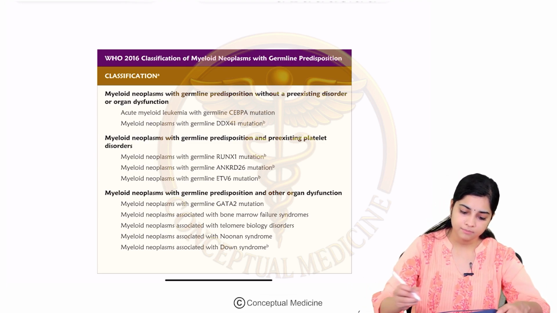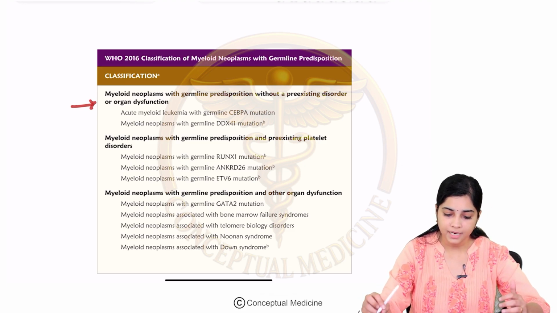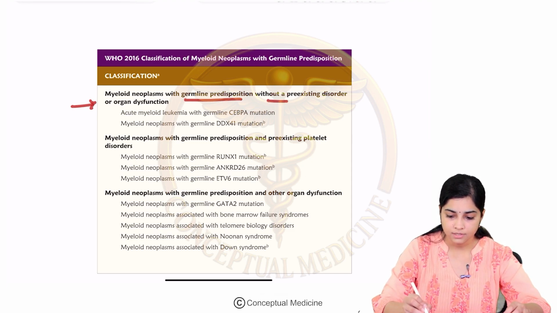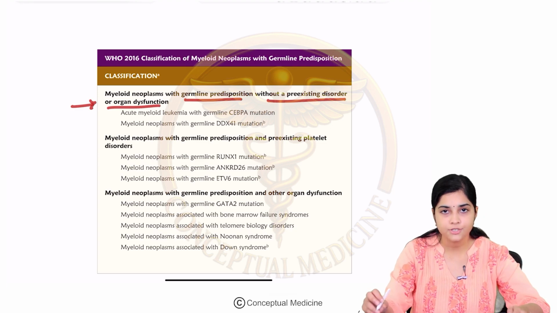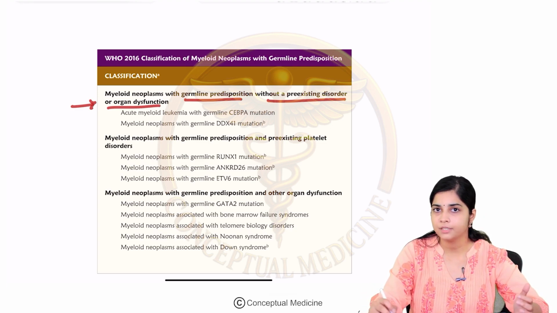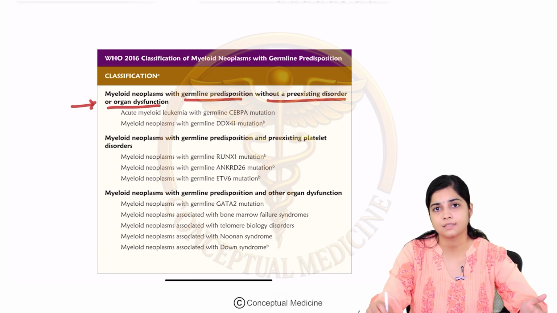The first part is myeloid neoplasms with germline predisposition without a pre-existing disorder or organ dysfunction, right? So they have a germline predisposition, but they do not have any pre-existing disorder or organ dysfunction.